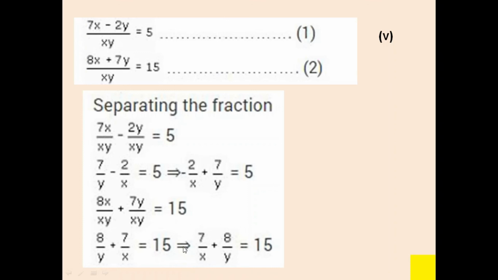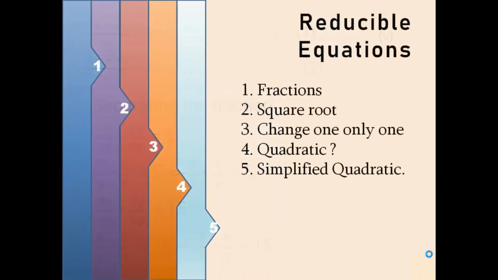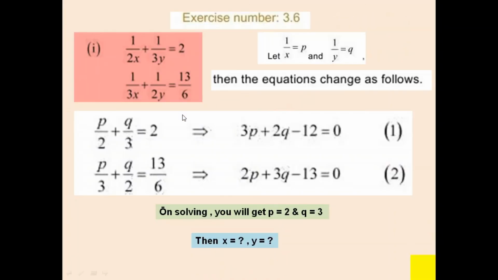That means we're putting the x variable first. Once we achieve this, we can write this as equation number 3 and equation number 4. Once we achieve equations 3 and 4, we go back to the same thing, the way we solved the fractions. We let 1 by x equal to p, and let 1 by y equal to q.